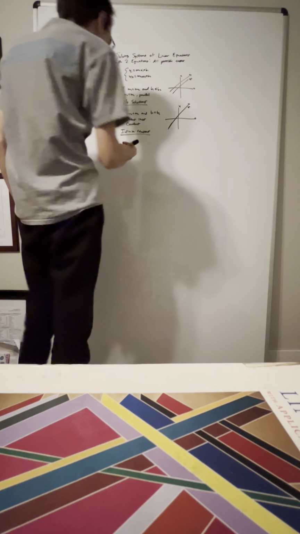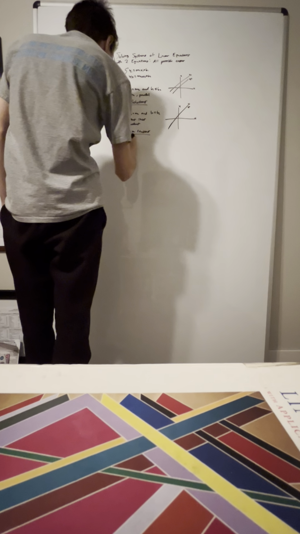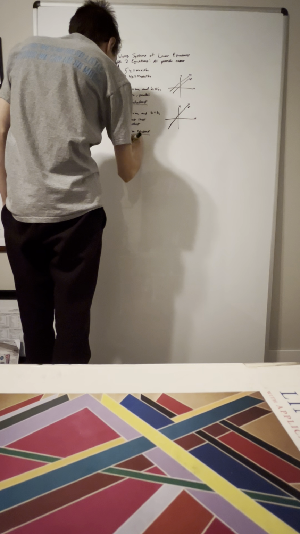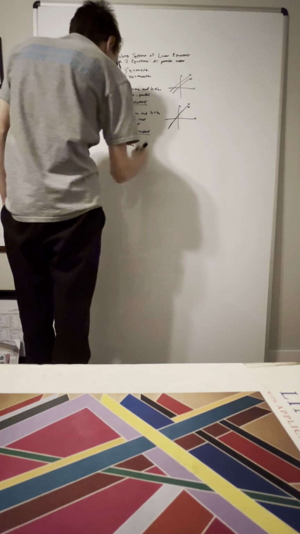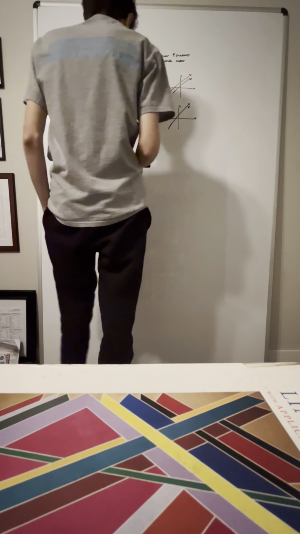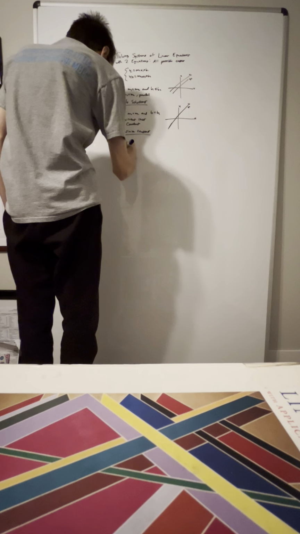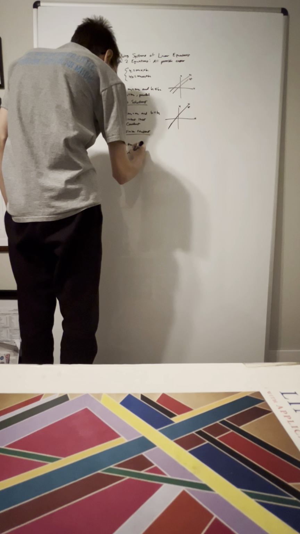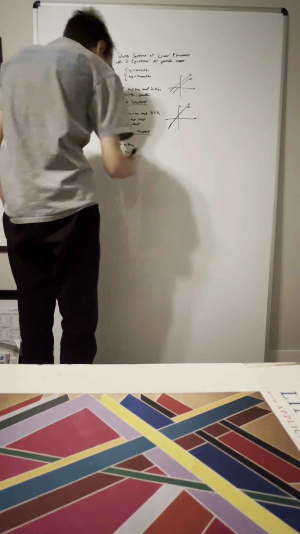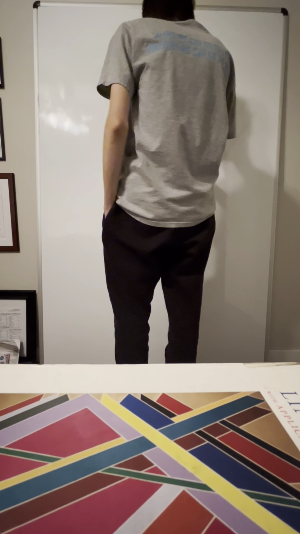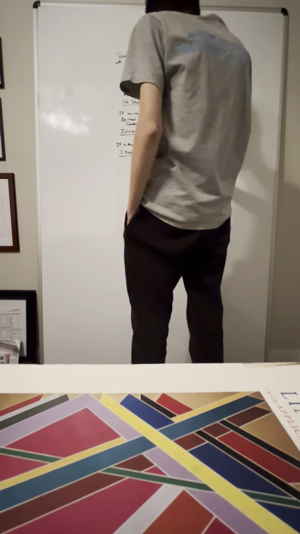And so what if m1 does not equal m2? Well, in that case it's going to cross at exactly 1 point. So one solution, and we can make a couple sub cases of this.